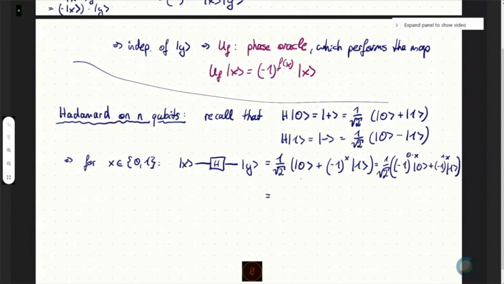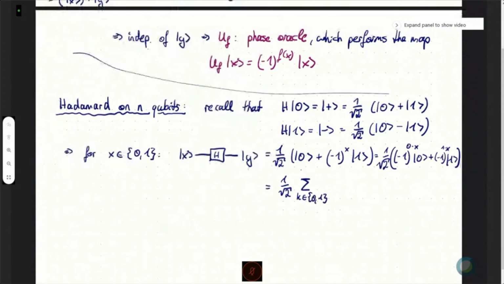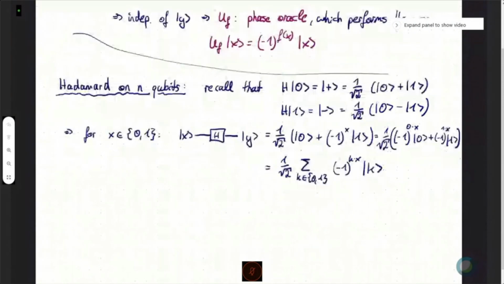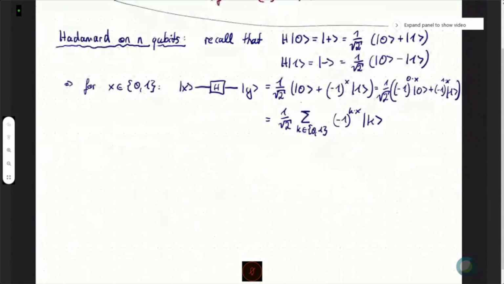The reason I'm doing that is because I want to write it as a sum, so I sum over all k in 0 and 1, minus 1 to the power k times x, times the state k. This is just a weird way to rewrite the action of the Hadamard gate on the states 0 and 1. But the reason I'm doing this is because now I want to generalize it for n qubits.